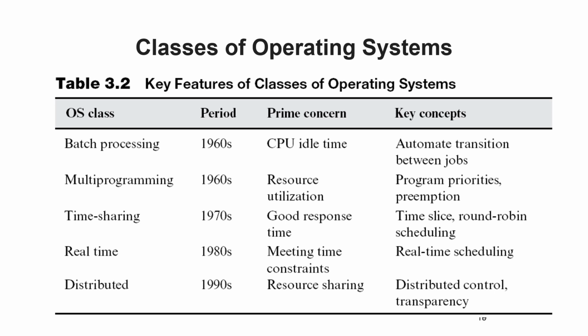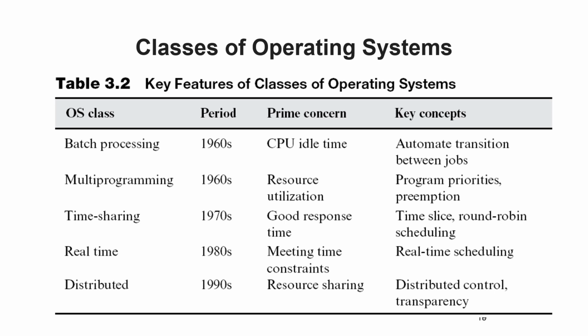To achieve this, the key concept used behind real time operating systems is real time scheduling. A real time system is one where the response, the action, or the result must be achieved within a predefined time.